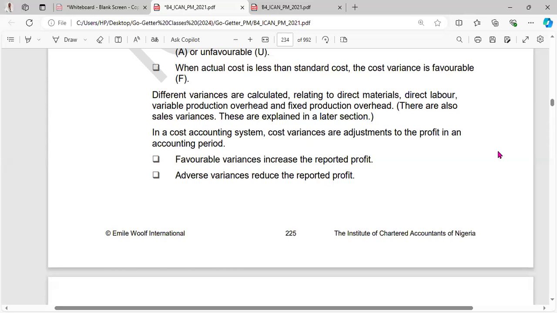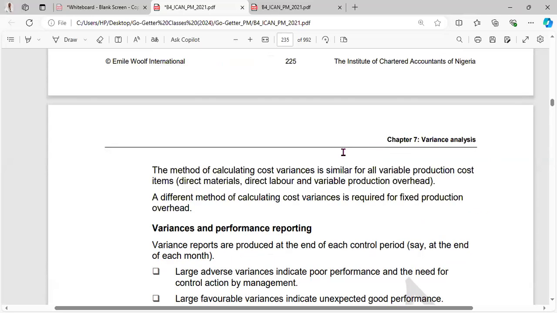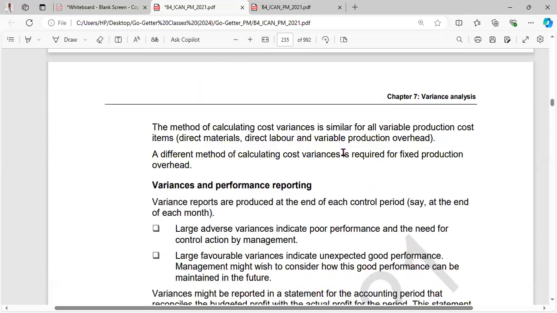So all the favorable variances are supposed to increase your profit, and all the variances that are adverse are supposed to reduce your profit. And when you do that adjustment, you have your reconciliation. So the method of calculating cost variance is the same.